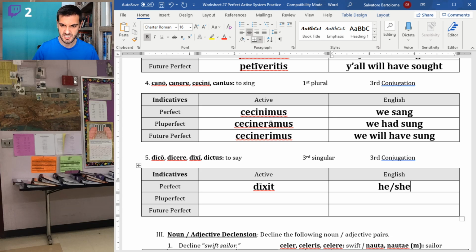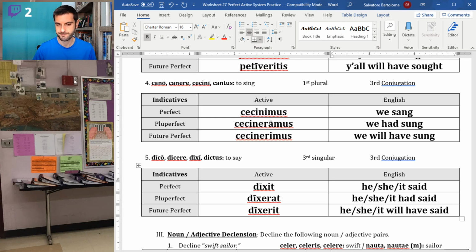He or she or it said. Past tense of say, said. Dixerat, he, she, or it had said. And dixerit, he, she, or it will have said. Dixit, dixerat, dixerit.